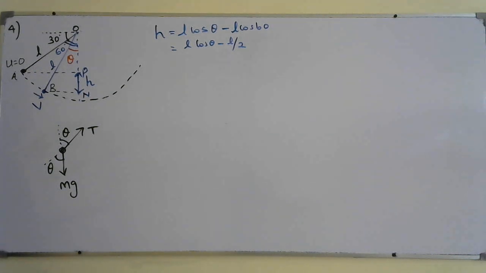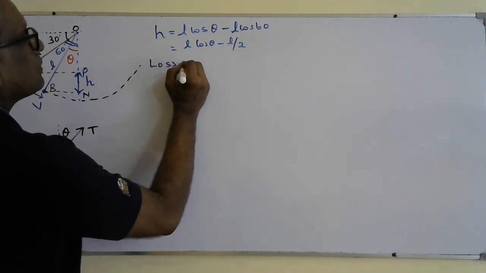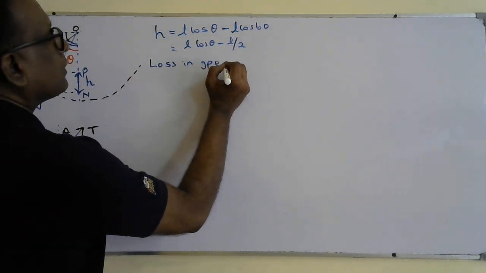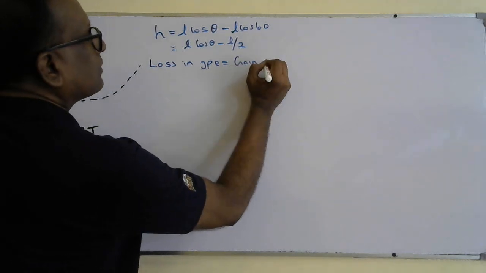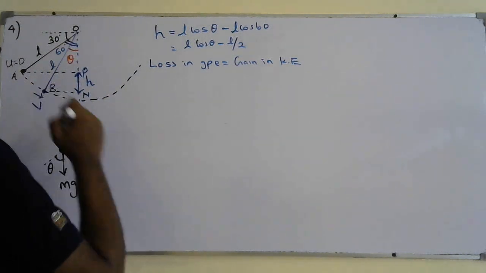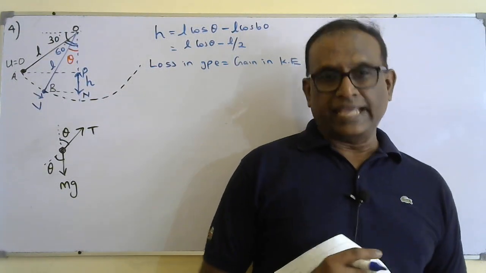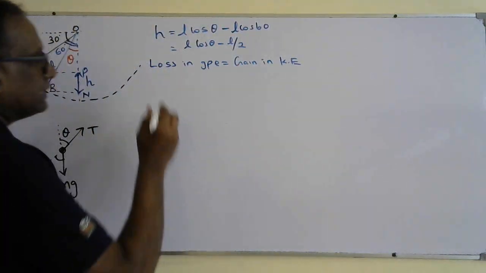Okay, we'll continue. Loss in GP equals gain in K. We consider the motion from A to B. Loss in GP is mgh.